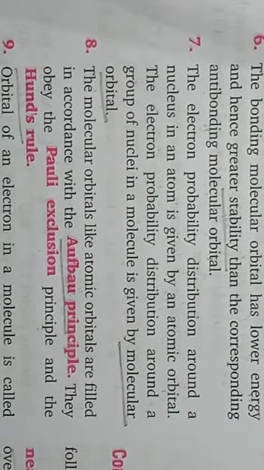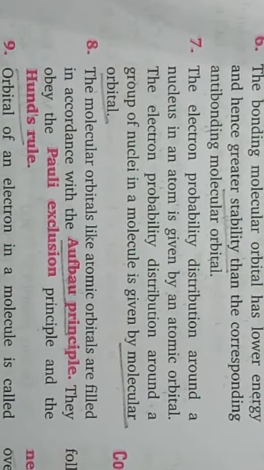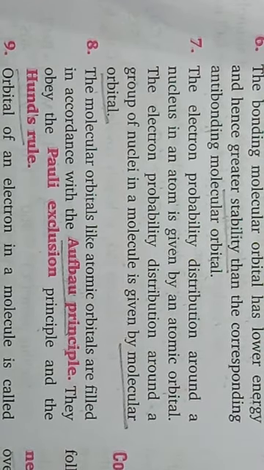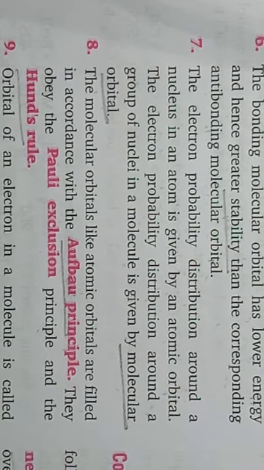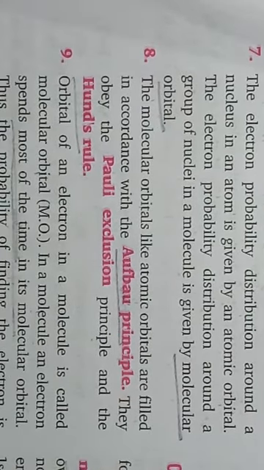So the most probable place for a particular electron in a molecule will be its molecular orbital, as in the case of an atomic orbital.